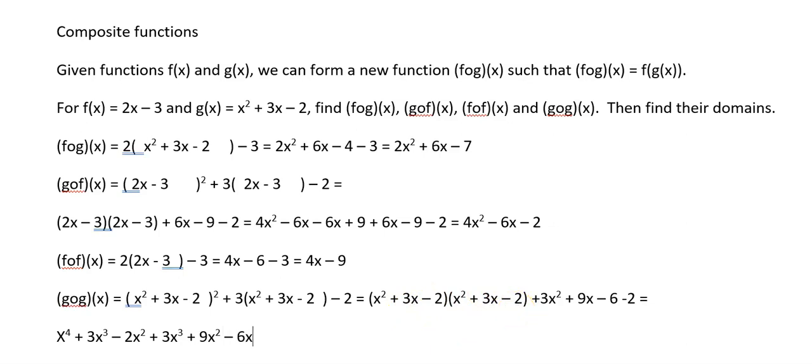That's the 3x times everything. Now we need to take our minus 2 times everything over here. So minus 2 times x squared will be minus 2x squared. And then minus 2 times the 3x will be minus 6x. And then minus 2 times minus 2 will be plus 4. And then I'll just rewrite the rest of it. We'll add like terms here in a minute.